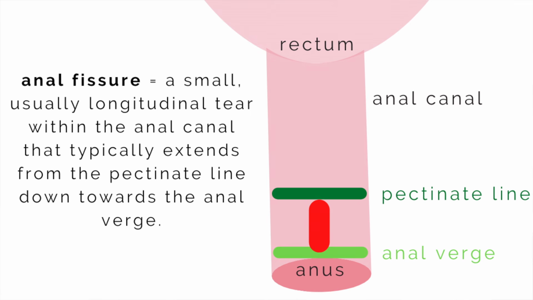Anal fissures can vary in severity in that sometimes the tear is only in the mucosal tissue and other times the tear is deeper and it can expose the internal sphincter muscle or even the external sphincter muscle in some cases. Understanding the location of anal fissures within the anal canal, as well as understanding their varying degrees of severity, starts to make a lot of sense out of their symptoms as well as their causes.